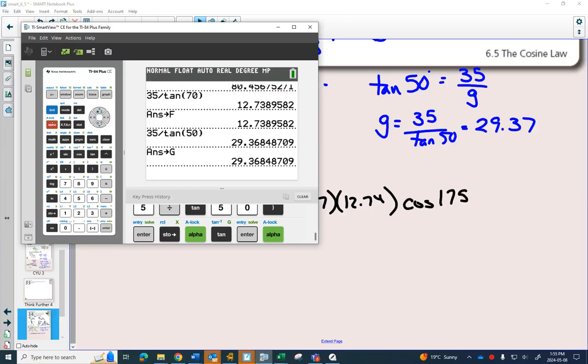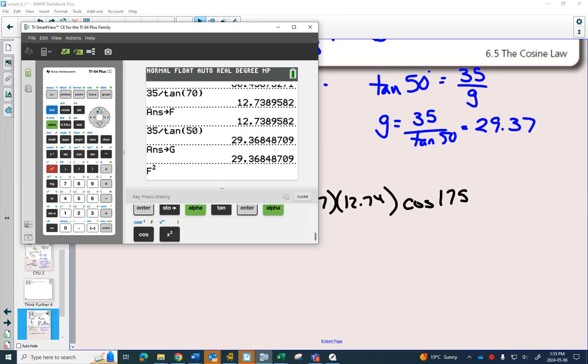Because I can just go f squared plus g squared minus 2fg cos of 175.